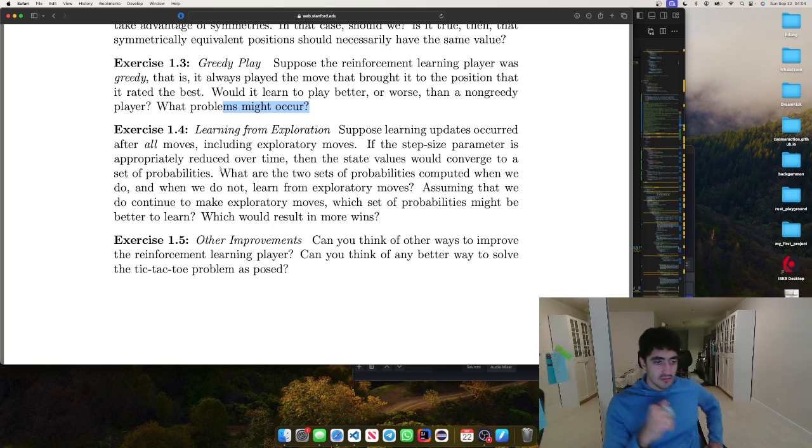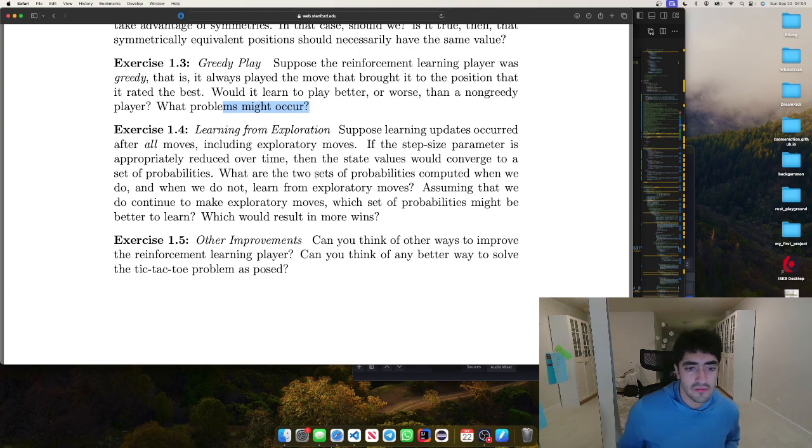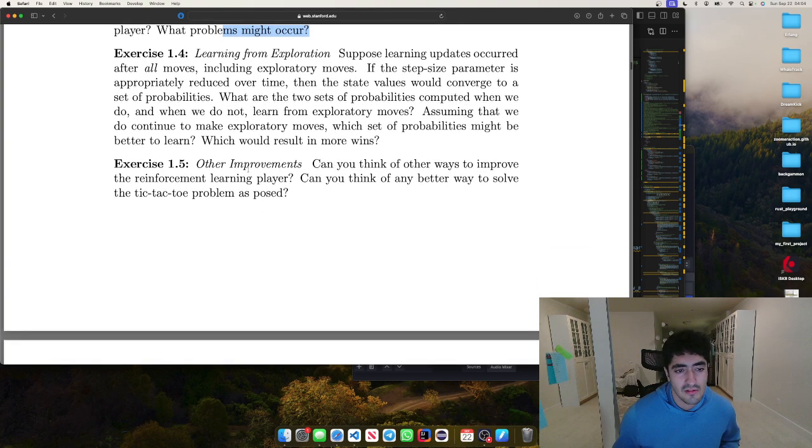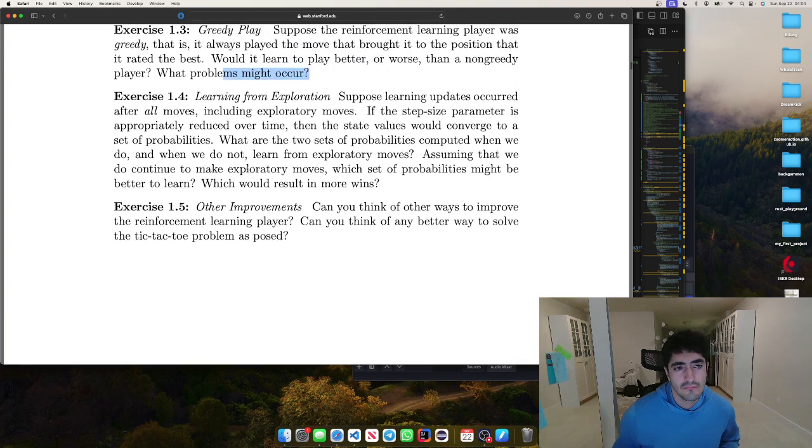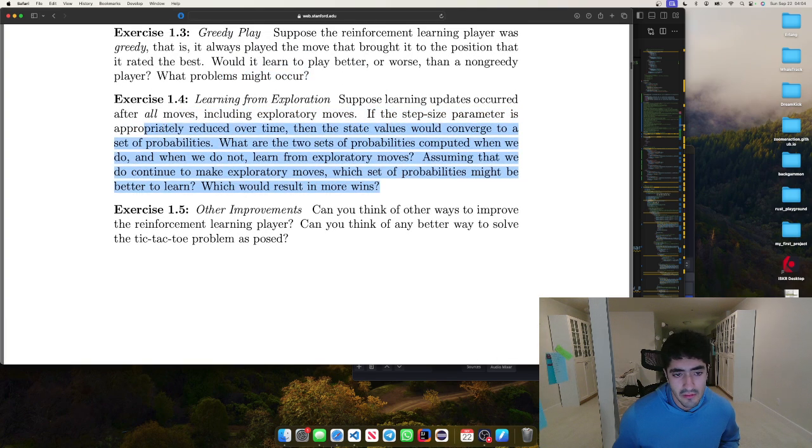Assuming that we do continue to make exploratory moves, which set of probabilities might be better to learn, which will result in more wins? I'm not getting this. Let's skip this for now.